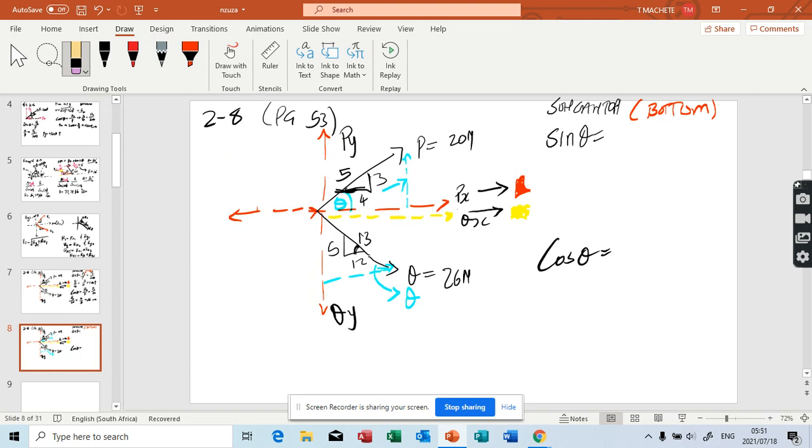Okay, what is sine theta? Let's go back to the bottom one. Look at that bottom one. Sine theta is what? Opposite. Exactly, it's QY. You know it's opposite to that angle.